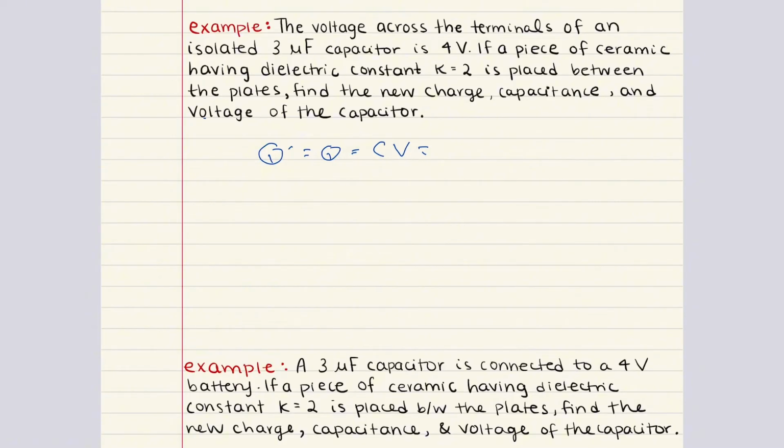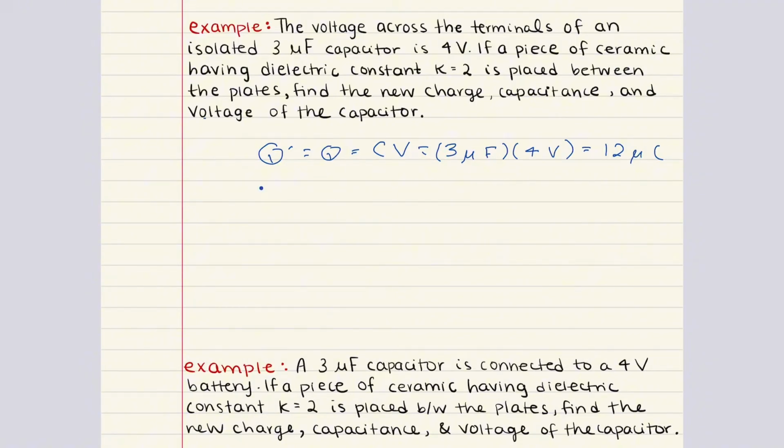And we have both of these quantities, so we can go ahead and plug them into this equation. The capacitance is equal to 3 microfarad, and the voltage is equal to 4 volts. 3 times 4 is equal to 12 microcoulombs. So our charge, to start off with, and our new charge are both equal to each other, and specifically they're equal to 12 microcoulombs.